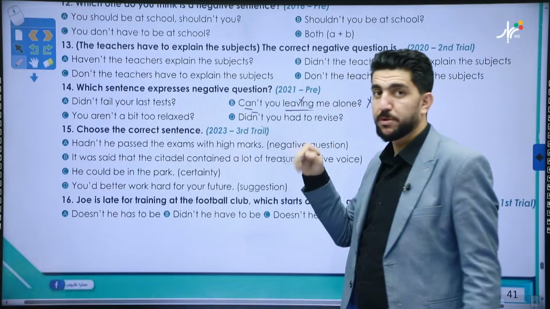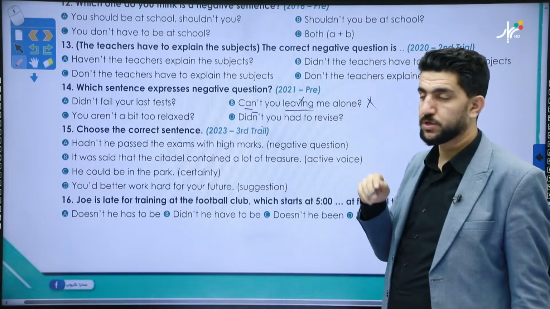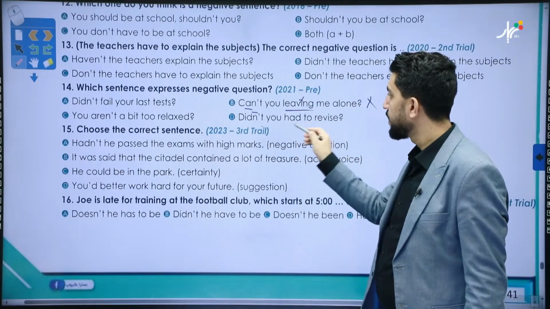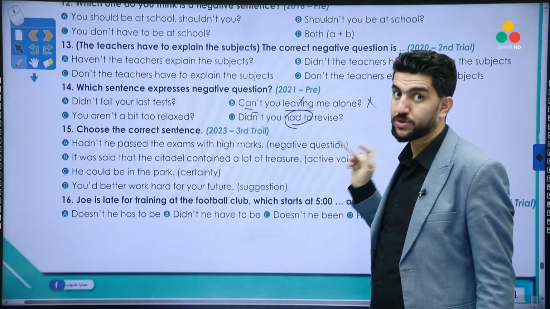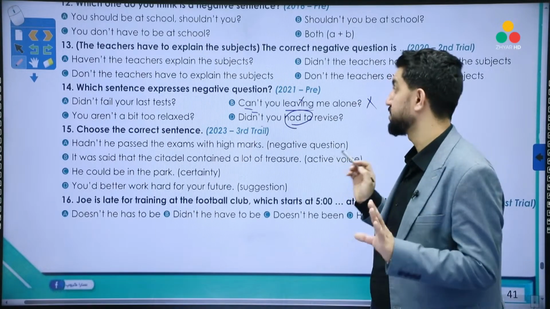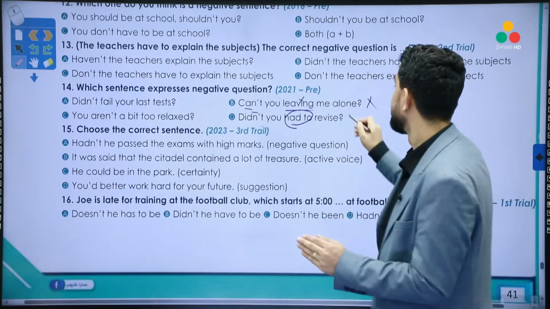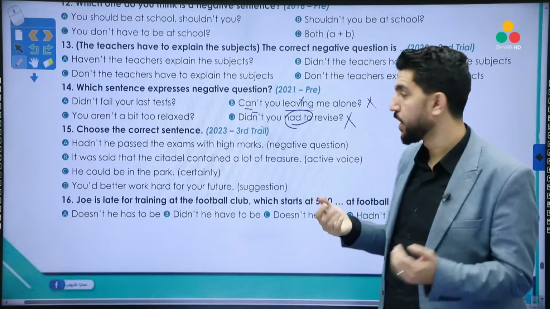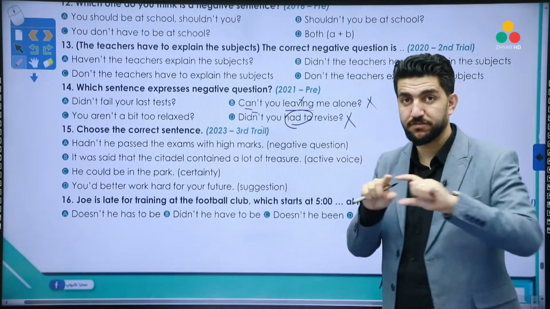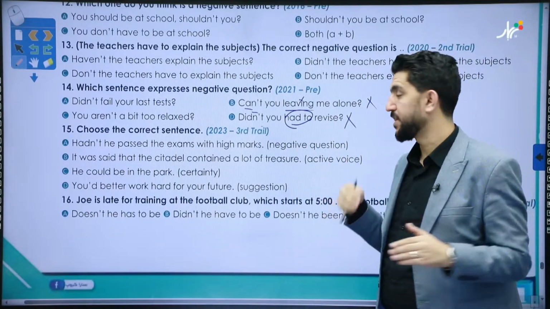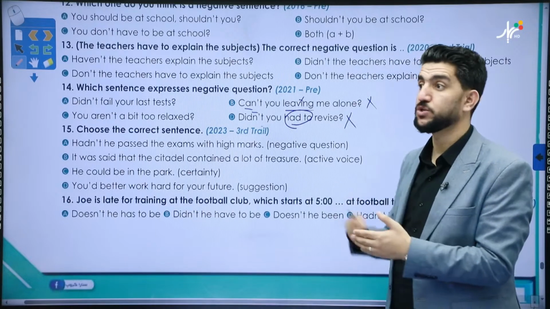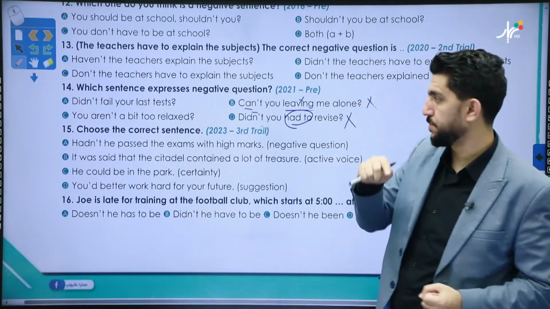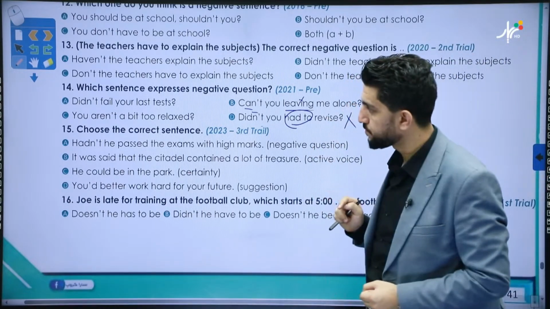If you remember, we said didn't you, doesn't she, don't they? They're always with have to, not had to. We don't have had to when it comes to negative question. So this one is also wrong. We have had to in the positive form. They had to. But when you change it to negative question, you say don't they have to, okay? So these two are wrong.